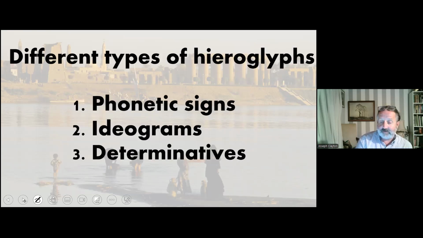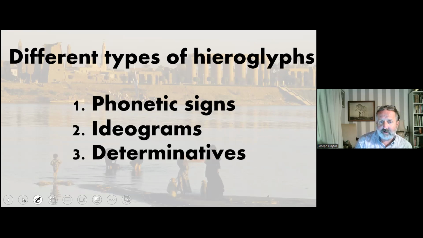Different types of hieroglyphs: phonetic signs, ideograms, and determinatives. Obviously, the phonetic ones are sound signs. Ideograms are of objects, things which you can draw a picture of, and determinatives tell you what category things fall into.